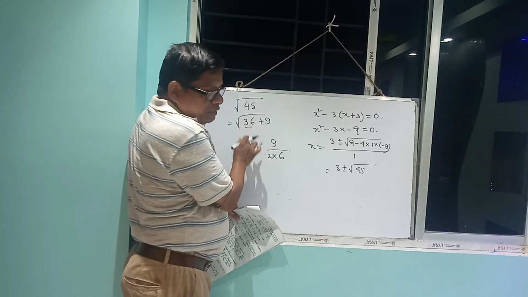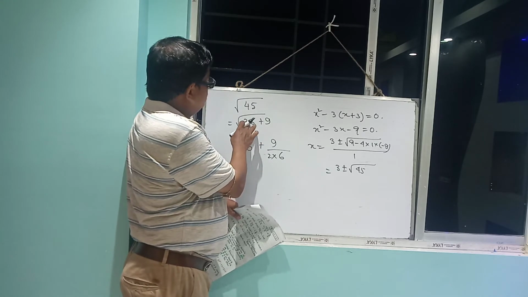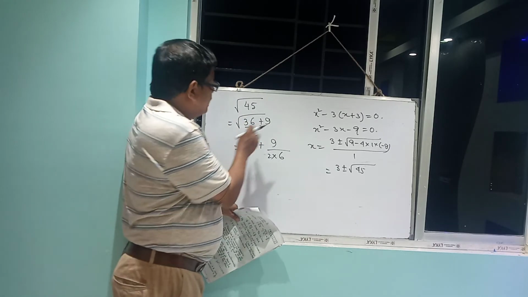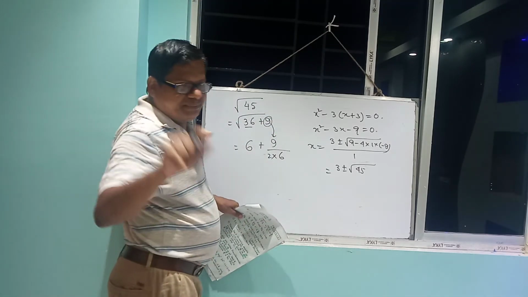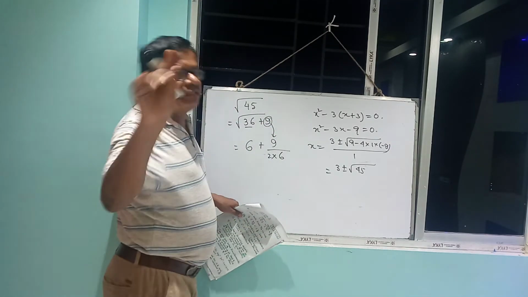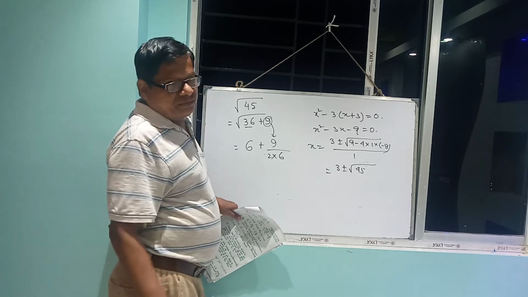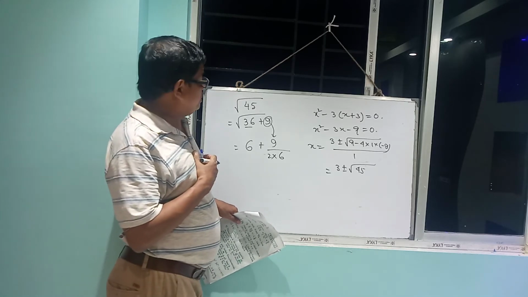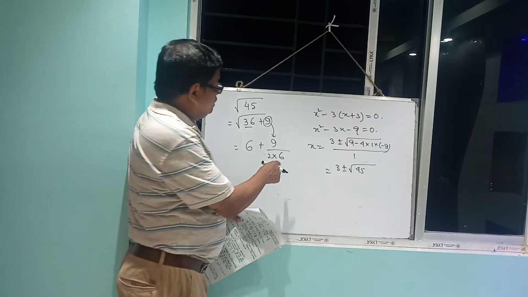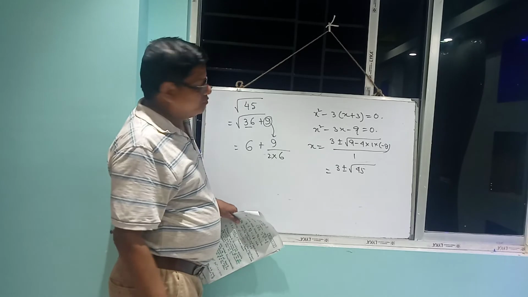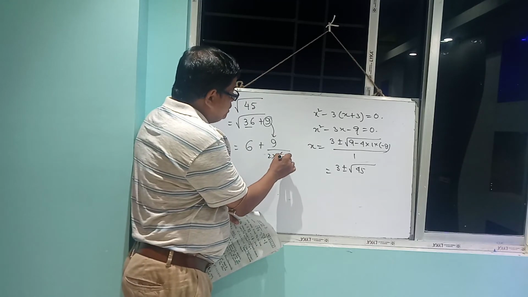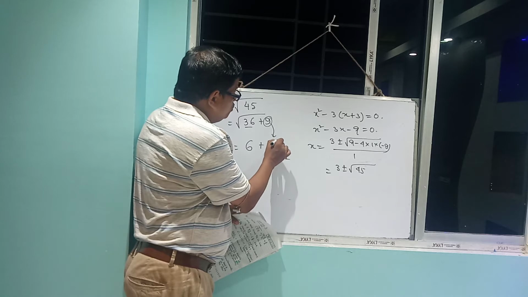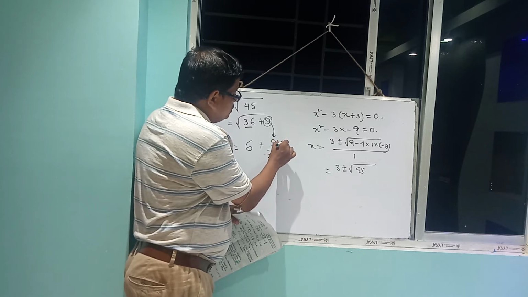For the root, the nearest perfect square number is 36, that is 6 square, and this is left, 9, so you put 9 divided by 2 into 6.